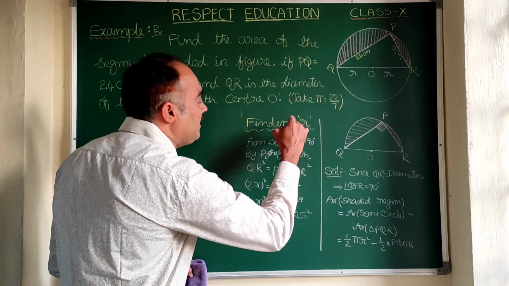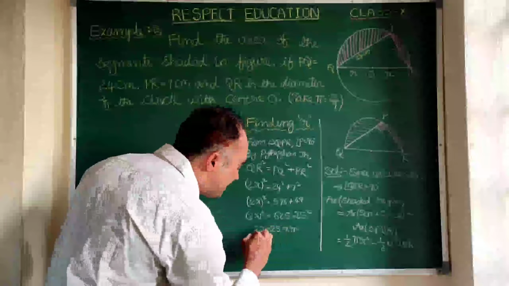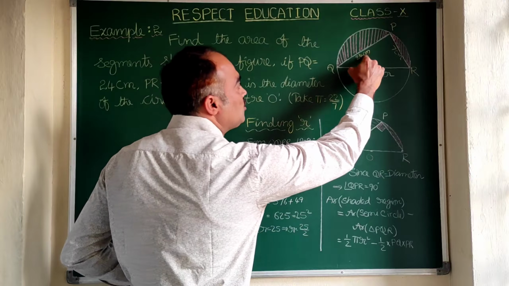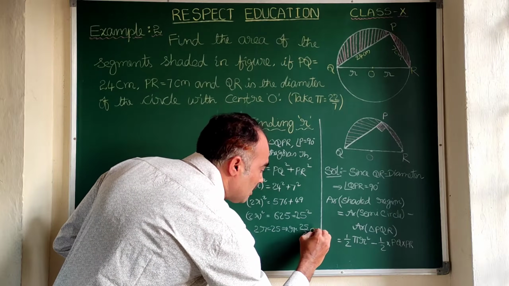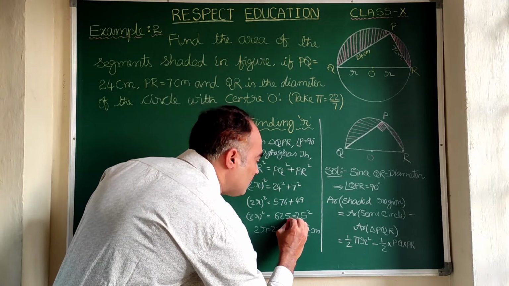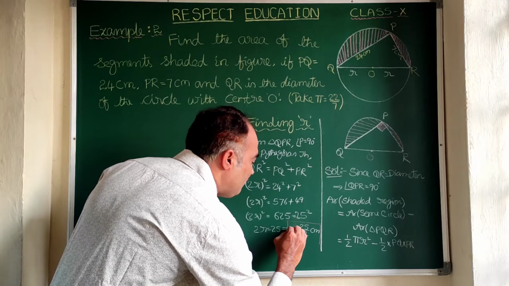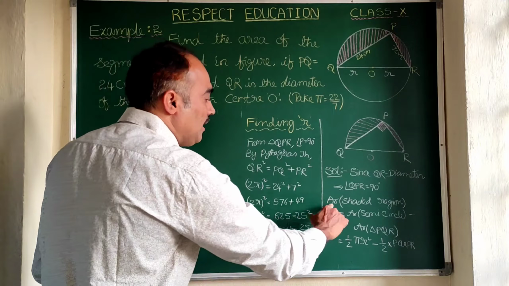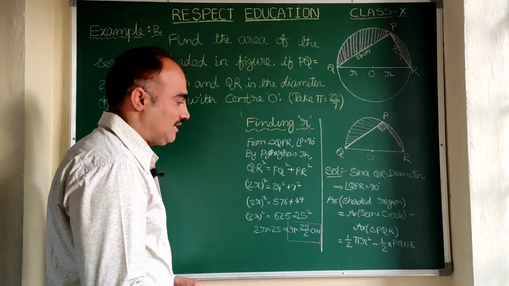As we are in need of finding R, R is equal to 25 by 2. As these are in centimeter, the radius will also be in centimeter. So we found the radius of the circle as 25 by 2 centimeter. Now we are able to find the area of the shaded region.